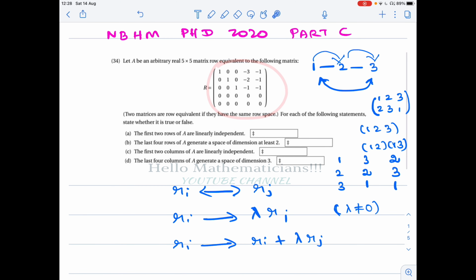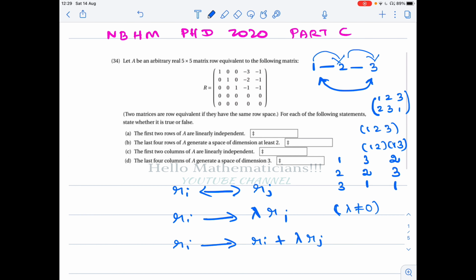If I multiply the third row by 2, then this entry is 2, this is minus 2, this is minus 2. That's what we'll get. So it changes one row, but the row space, the vector space spanned by the rows of this matrix, won't change.